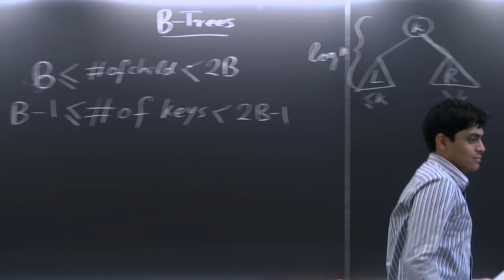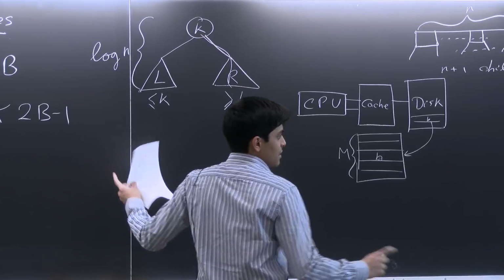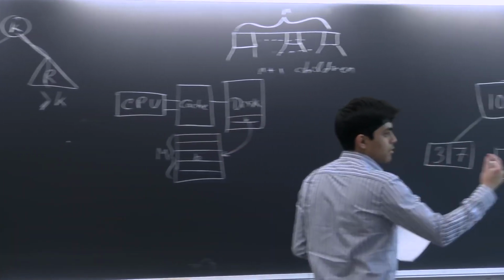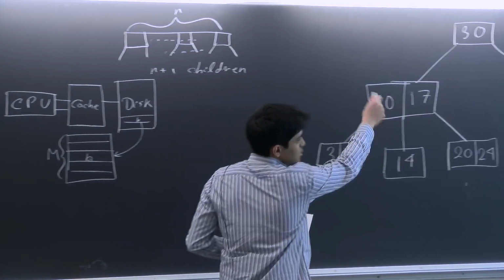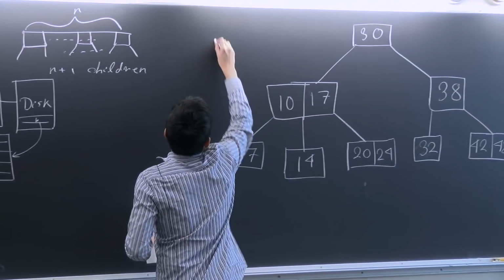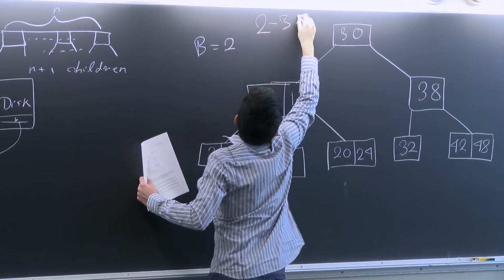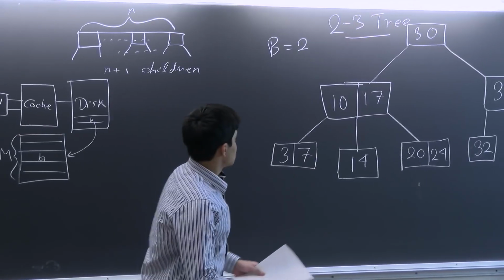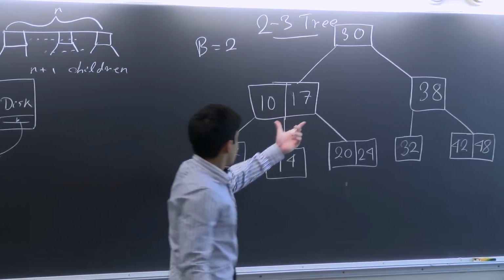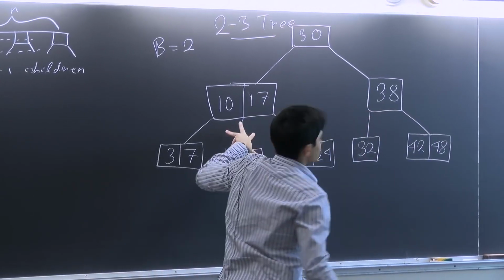No, b is the branching factor. It's not the number of children, right? It's a bound on the number of children. So like in the 2-3 tree, b is equal to 2, and this is a 2-3 tree. The 2 refers to you can have either 2 children or you can have 3 children.